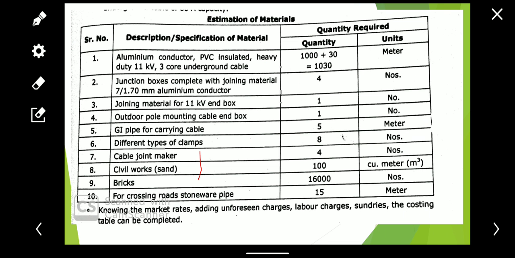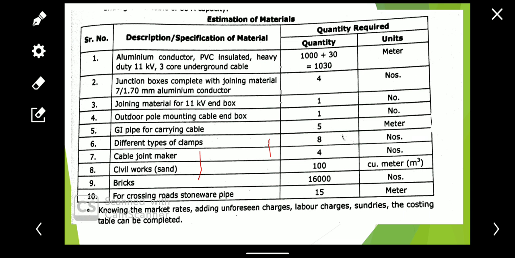Then joining cable for 11 kV end box. Then outer pole mounting cable end box 1. Then GI pipe for carrying cable is 5 meter. Then different types of clamping which required 8 numbers. Cable joint maker is 4.